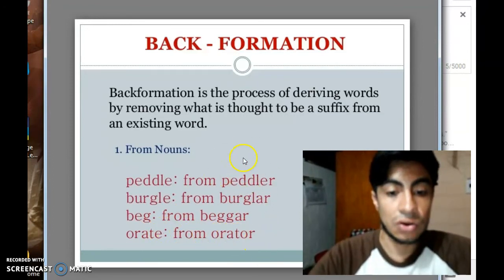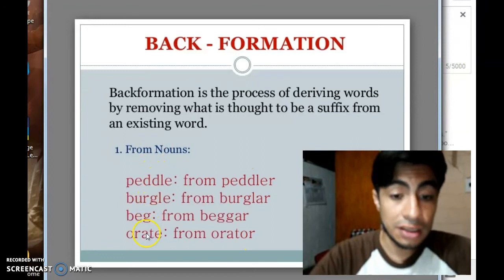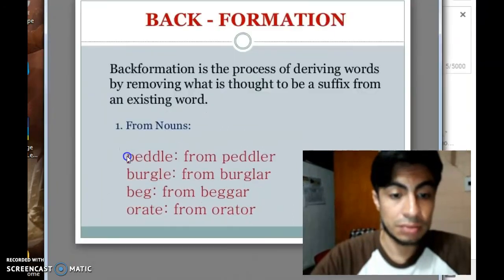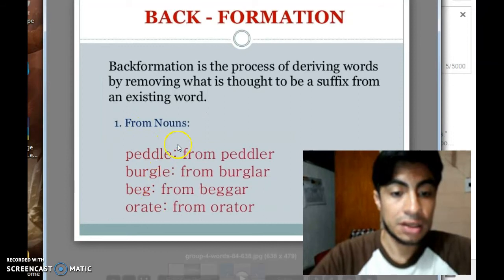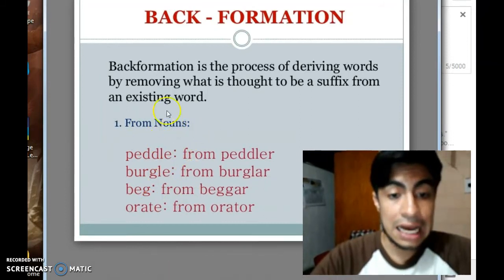So as you can see, those verbs that we can see over here, those verbs come from the nouns. So this is basically what a backformation is.